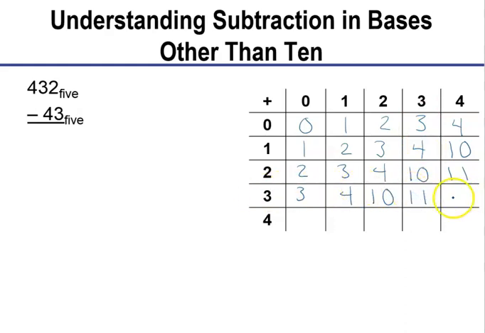3 plus 4, and again, it's not really 7 as a numeral. It's the number 7 we have visualized in our head, which includes 1 5 and 2 1s. 4 plus 0 is 4. 4 plus 1 is 1 5 and 0 1s. 4 plus 2 is 1 5 and 1 1. 4 plus 3 is 1 5 and 2 1s, and 4 plus 4 is 1 5 and 3 1s.